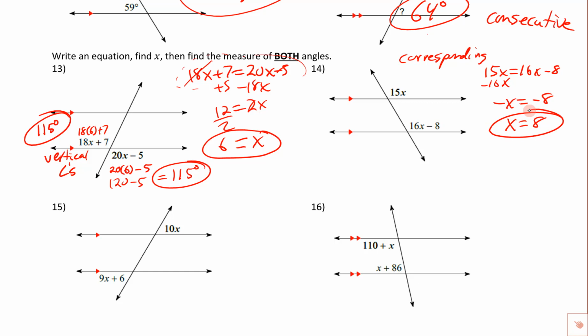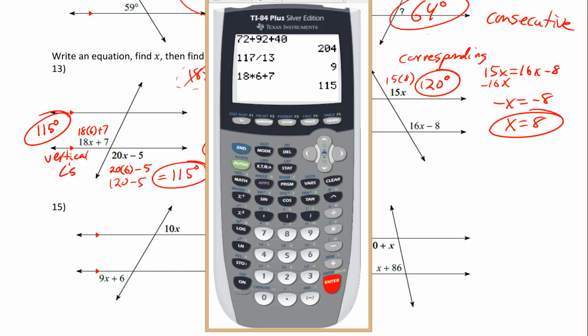I'm going to go ahead and circle that, and then I'm going to plug this in. 15 times 8. 8 times 10 would be 80, and then 8 times 5 would be 40. So 80 plus 40, this is 120. But again, this is a test, so let's make sure we're getting this right.